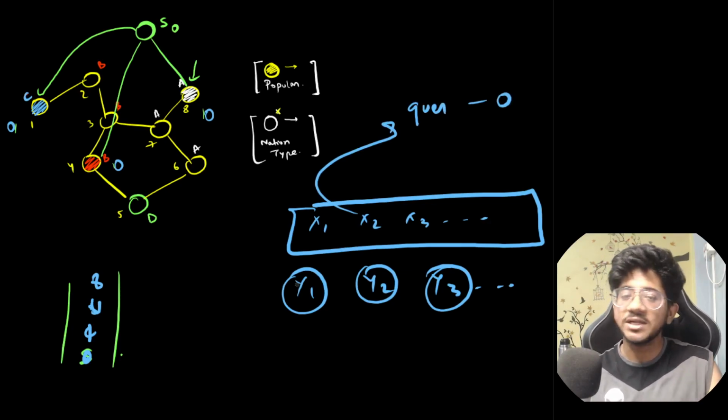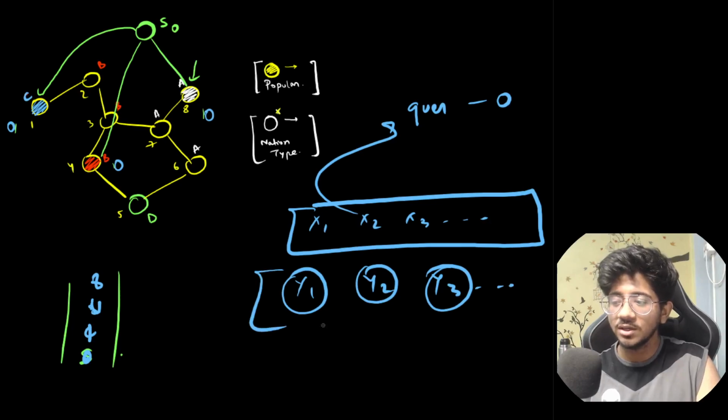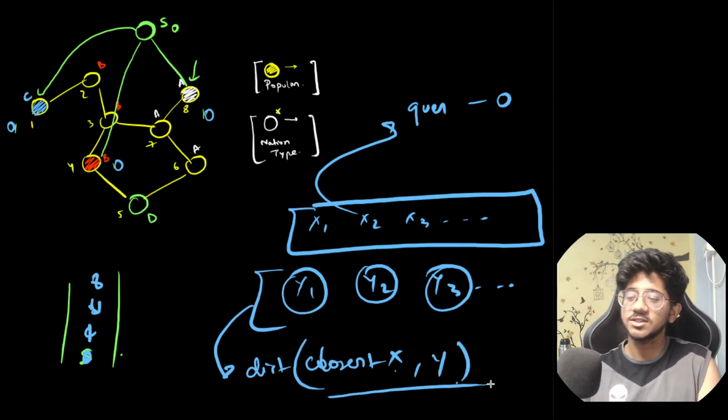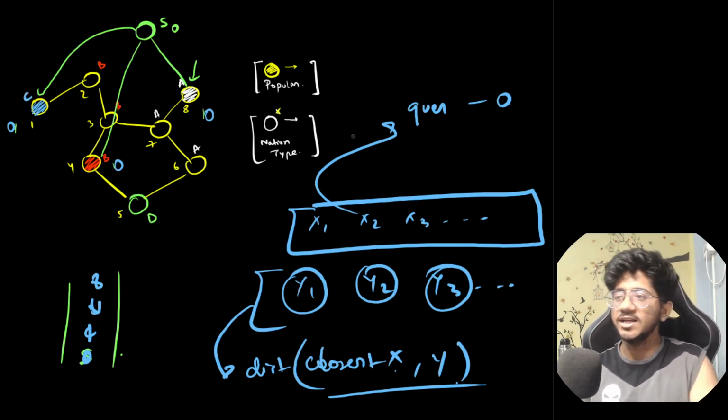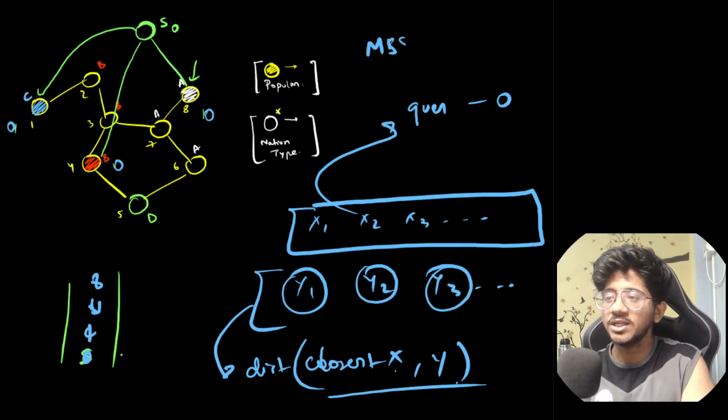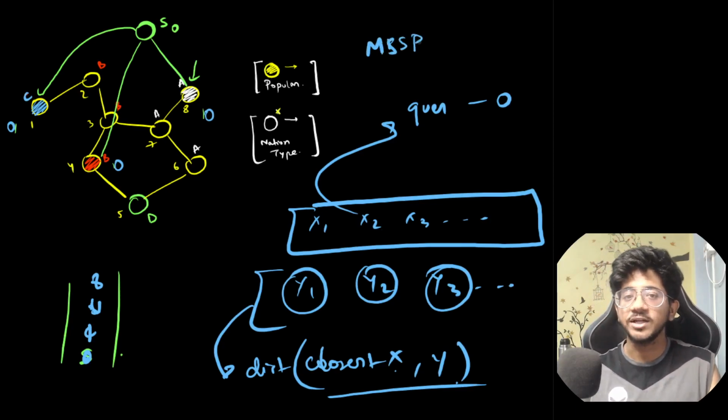Whatever distances you get for every node, you will get the distance to the closest x from y. So this is the first idea, which is called MSSP, or multi-source shortest path. For every node, find the closest source node out of the set of nodes.